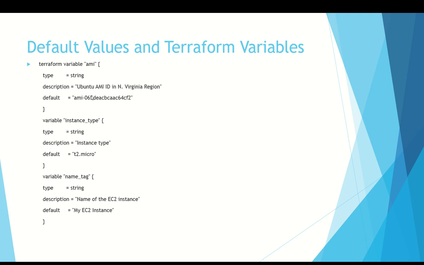For example, if you see here, default is equal to, we have mentioned the AMI ID here, and for instance type we mentioned default t2.micro, and here we mentioned a name like my EC2 instance. By default, they will take the values we declared here.